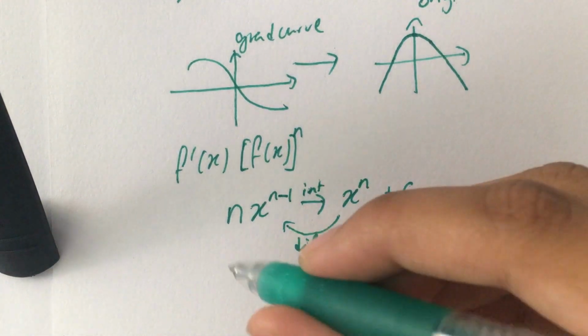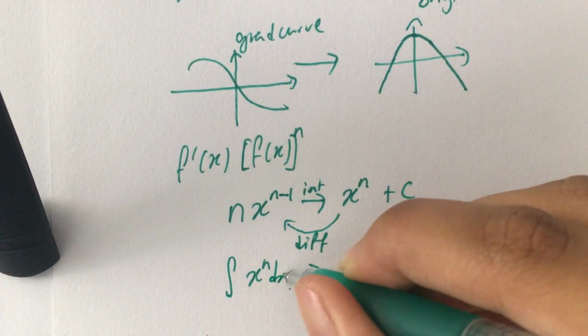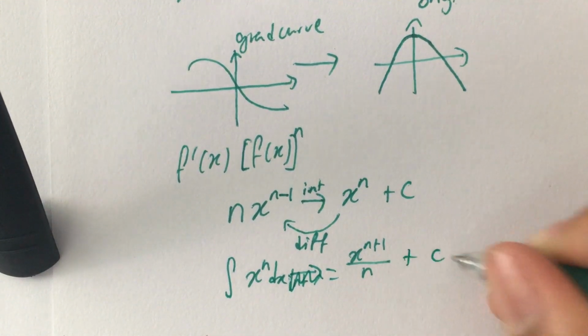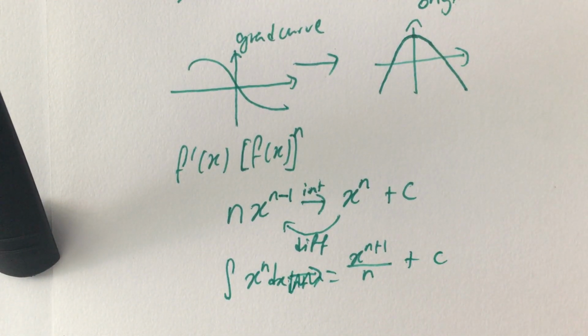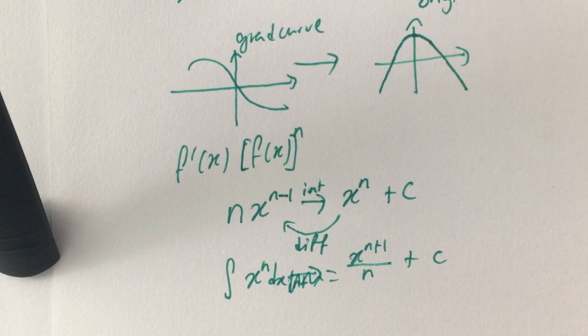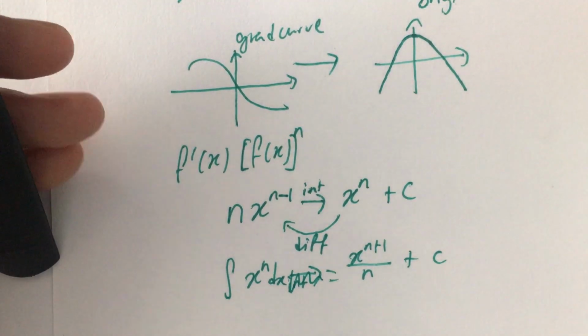Of course, we always need to add the arbitrary constant c, because if you have a number, you usually differentiate it to 0. But when you're integrating things back, you do not know if there was actually a 0 there to integrate back.